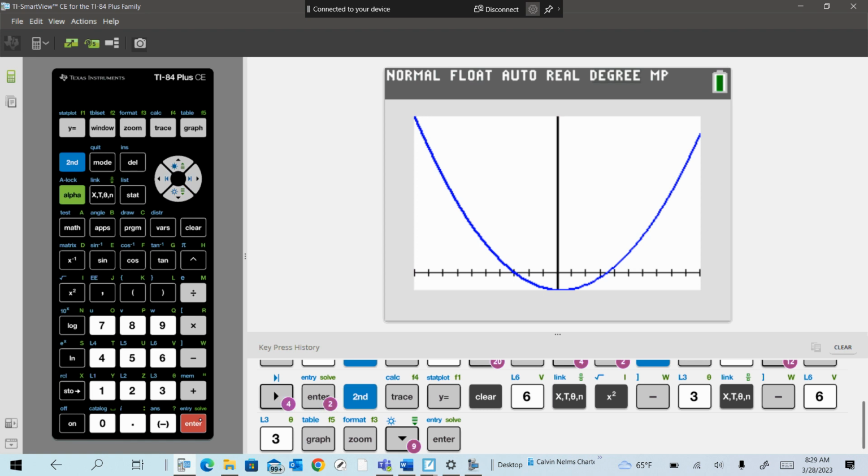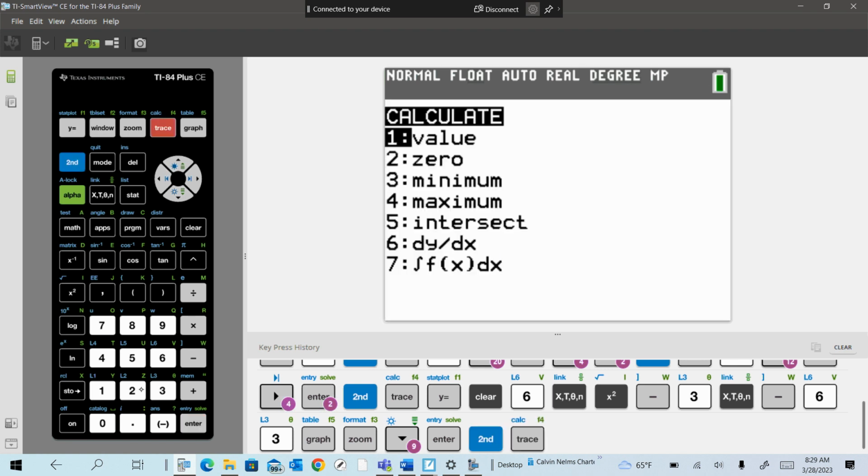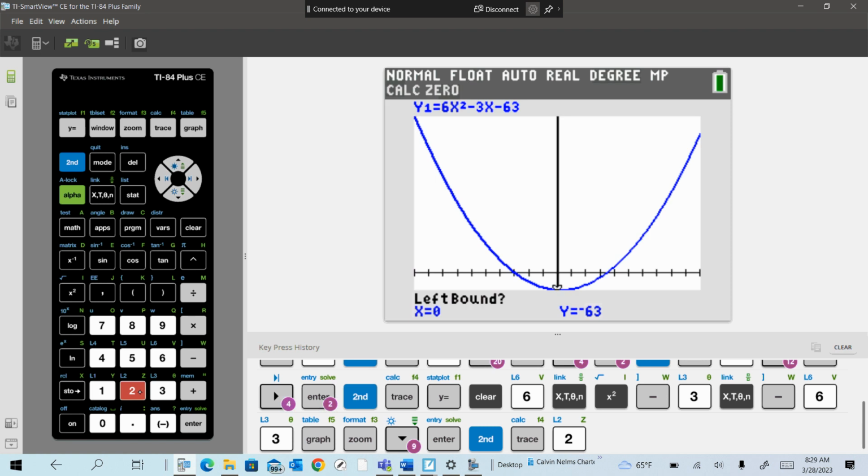All right, so we know one of the solutions has to be what, because we can see an exact point here. Do y'all see this one here? So one of the solutions is -3. So if I want to check the second one, I can just hit second trace for graph, hit 2 for zero. I'm going to move my cursor.